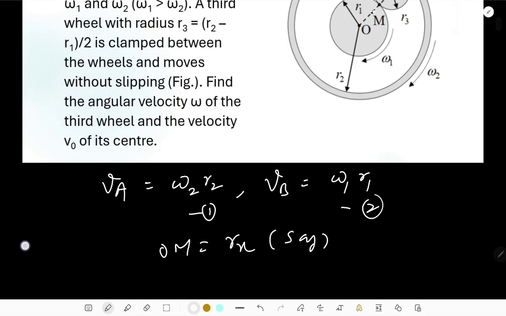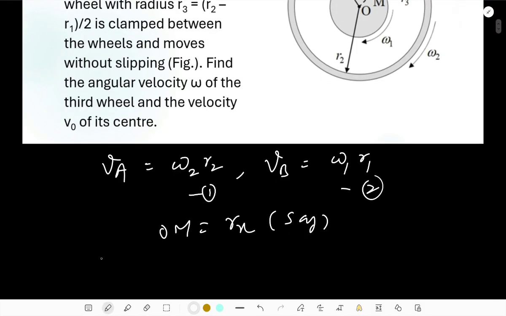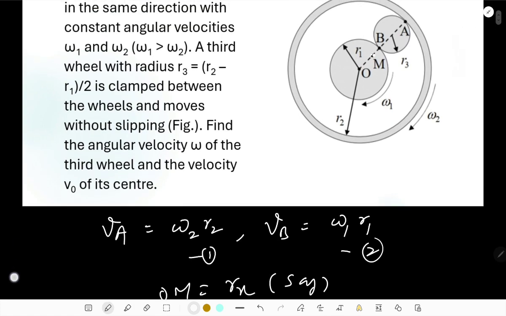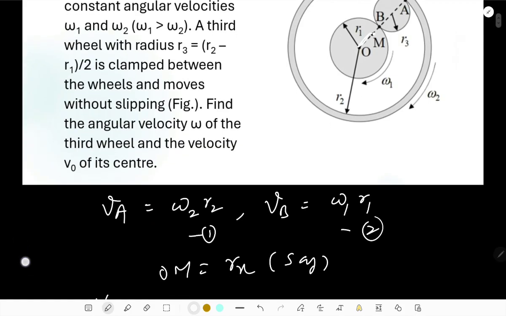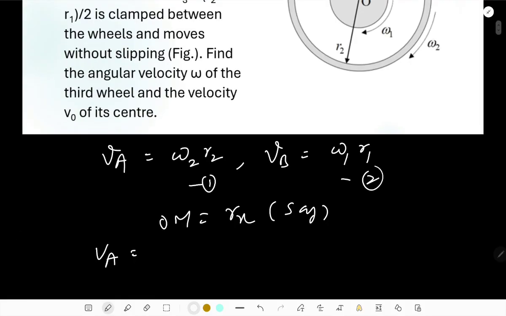Then with respect to this instantaneous center of rotation, I should write the velocity of point A. If this distance is Rx, the distance BM should be R1 minus Rx, and this is 2R3. So velocity of point A can be written as omega times (R1 minus Rx plus 2R3).